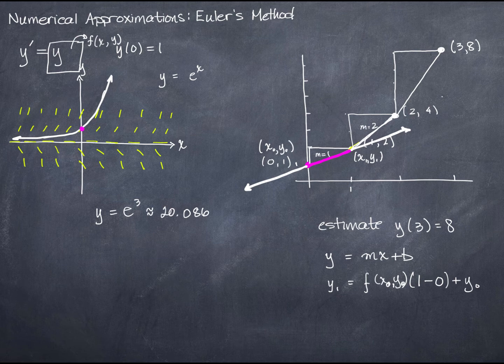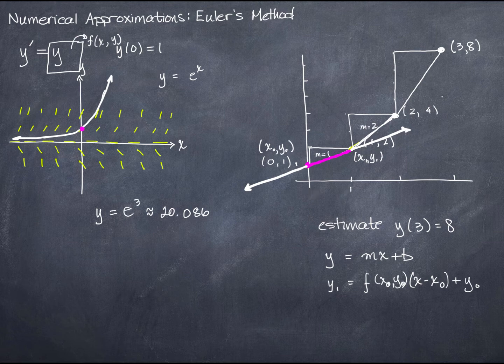So actually, I can write that as the value I'm going to be working with now minus the one I was working with a minute ago. So x minus x naught here is the x value that goes with the new y value I want to find, minus the one I had before.